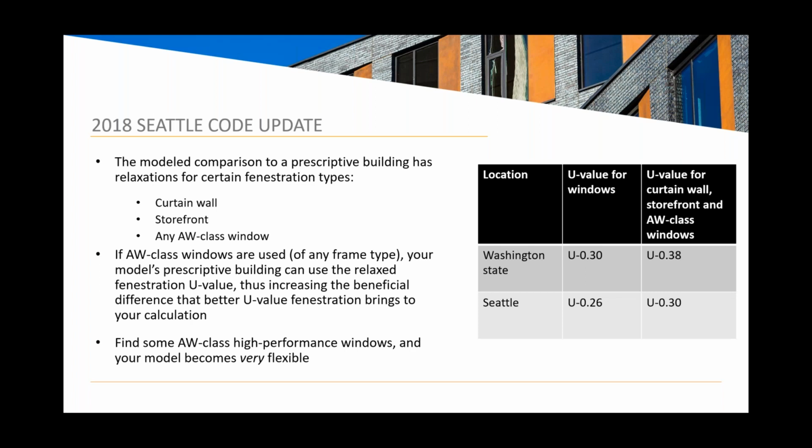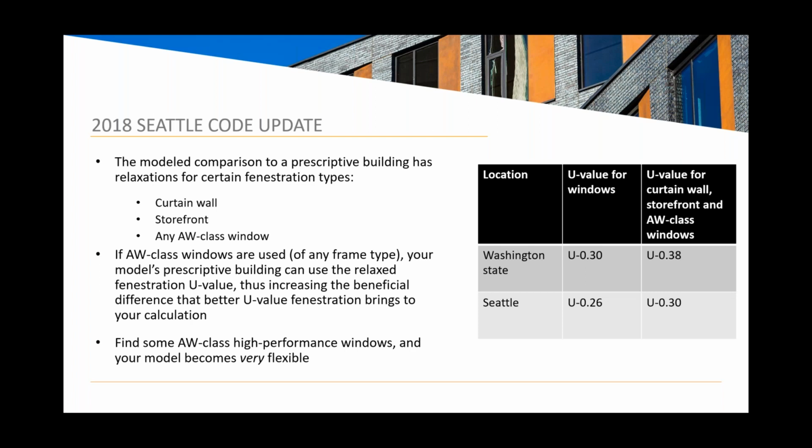And so here are the actual numbers. In the location of Washington State, outside of Seattle, the U value for windows is U.30, except that if the fenestration type is curtain wall, storefront, or AW class window, the U value is 0.38. So now if you have a product that is 0.25 and you're going to use that product, that's what's going into your math on your building.